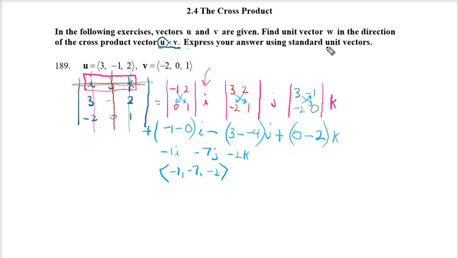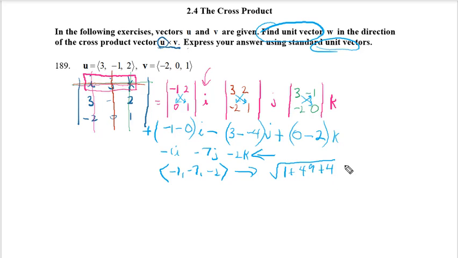However, they wanted it in terms of standard unit vectors, which is the i, j, and k. And our final answer needs to be the unit vector. So we need to find the magnitude of this. That would be 1 squared, 7 squared, and 2 squared.